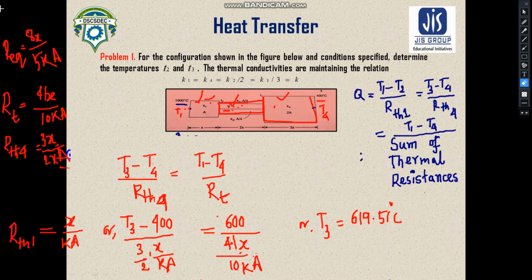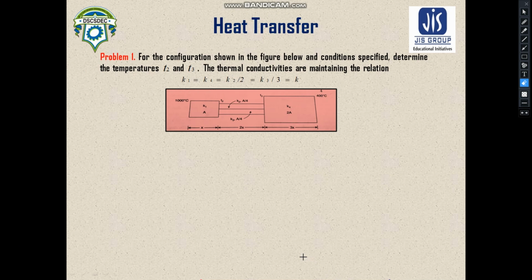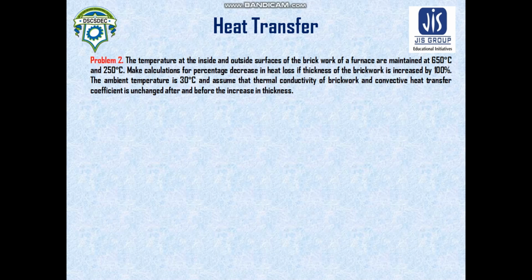I hope you have understood this problem now, and let us move on to a different problem, where we'll be encountering the case of combined conduction and convection. So this is your problem number 2. So here it is.